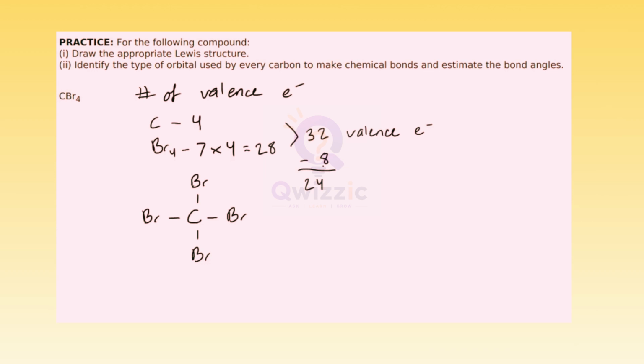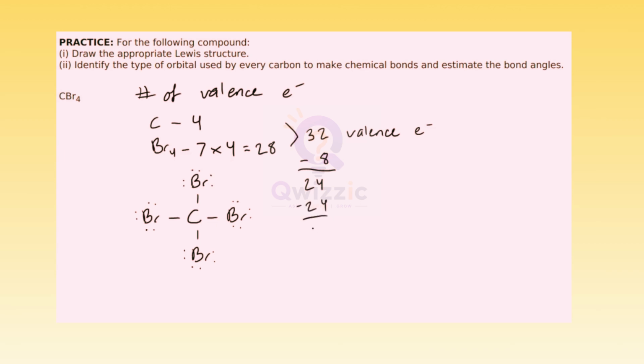Now, carbon in the center has 4 sigma bonds, which means that it already has a complete octet, but the same is not true for our bromines. So we have to complete our octet for our bromines by adding 6 additional electrons per bromine atom. If we add 6 electrons to each bromine atom, that's going to give us a total of 24.